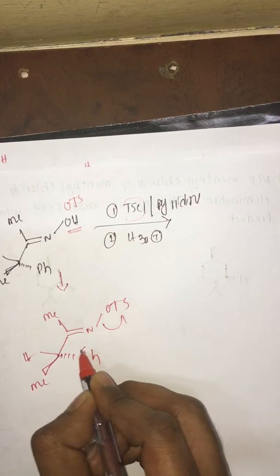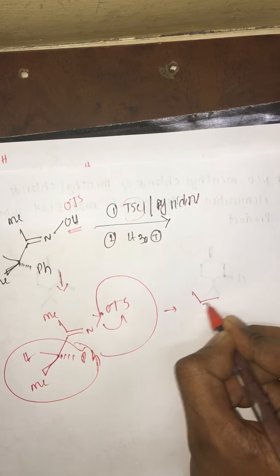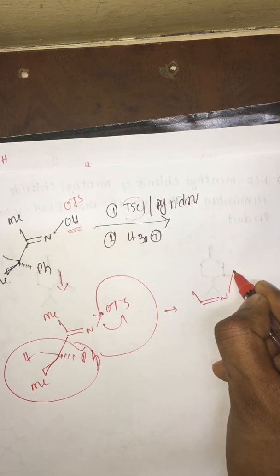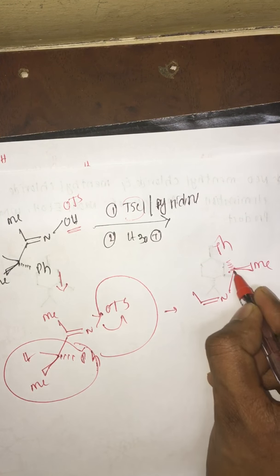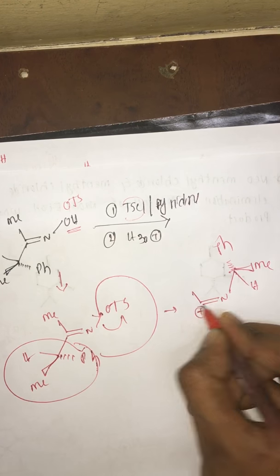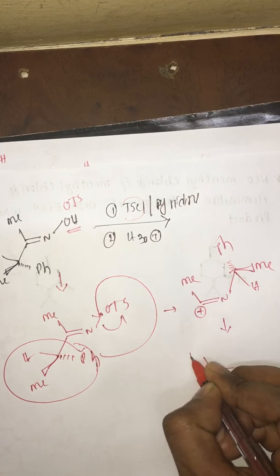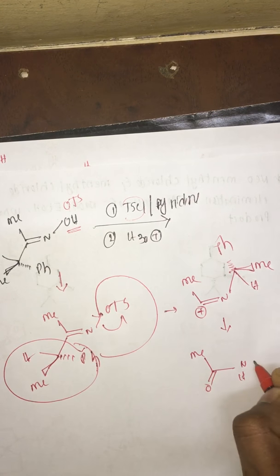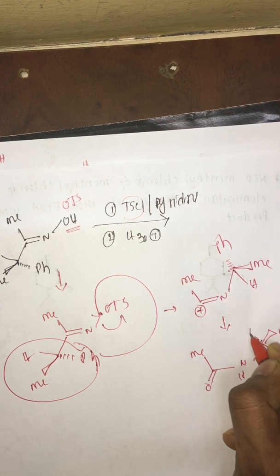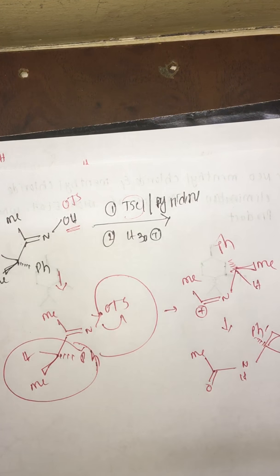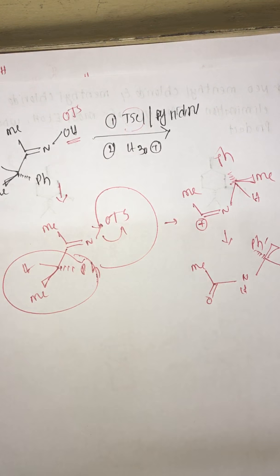So this leaves like this, and this whole group will migrate from here to here, and here we'll get N double bond, sorry, pH, methyl and hydrogen, and here a positive charge, methyl, and a water molecule is there. Finally we'll get this compound. So this question was asked for 2 marks in GATE 2013. Beckmann's rearrangement is one of the scoring rearrangements because it's very simple.